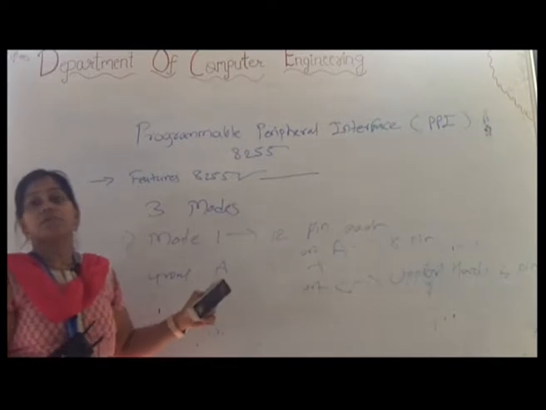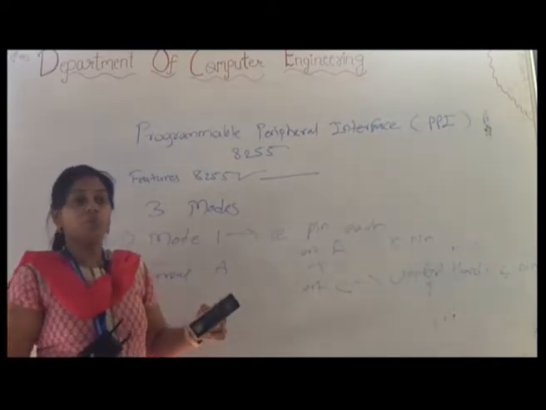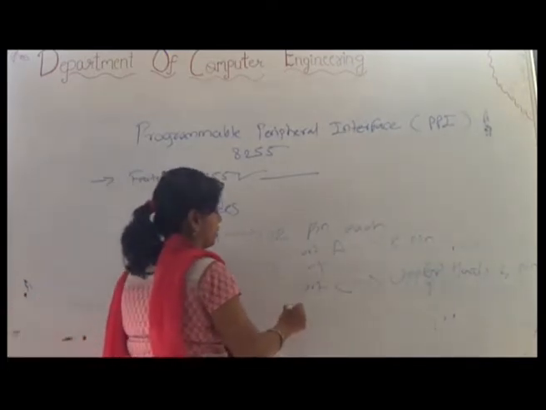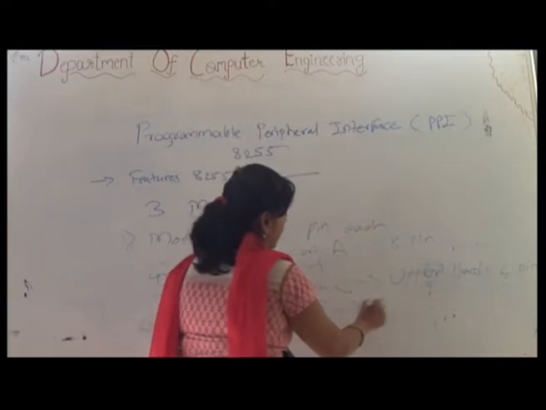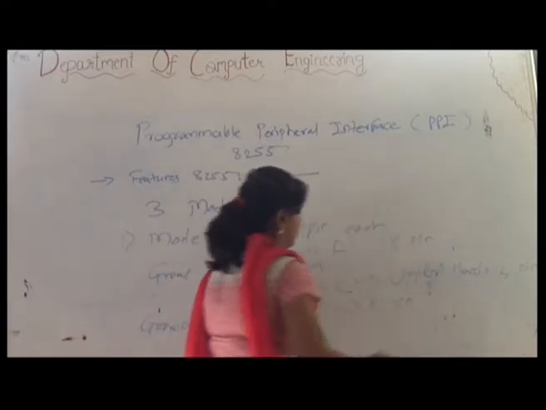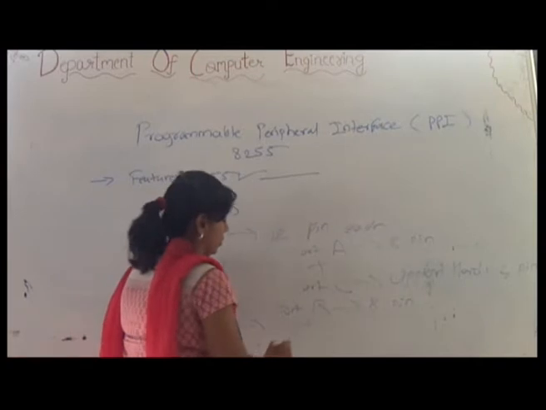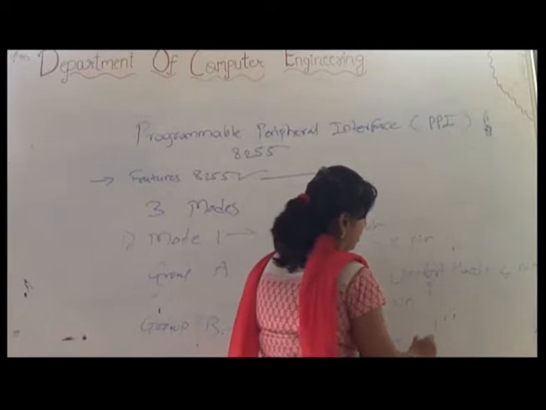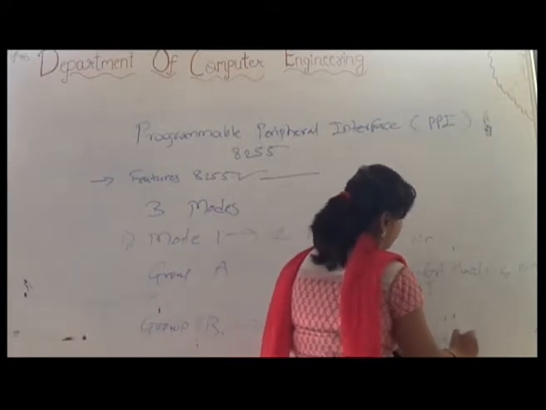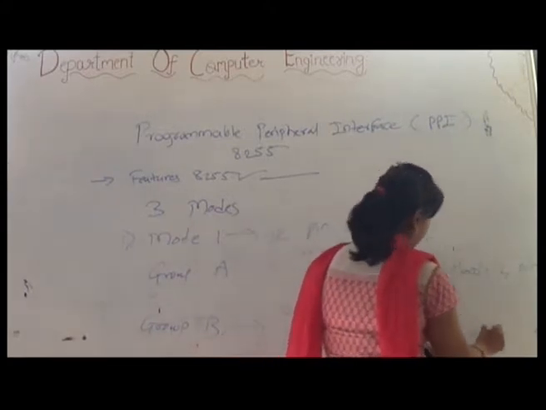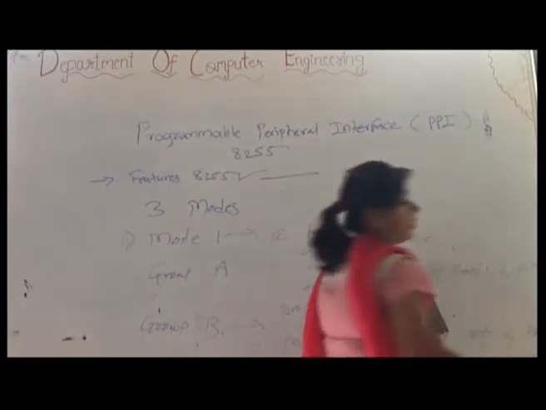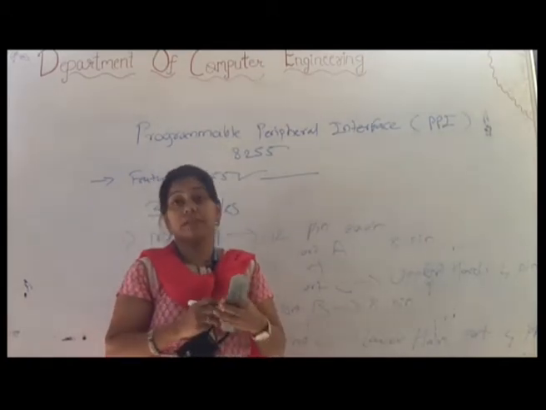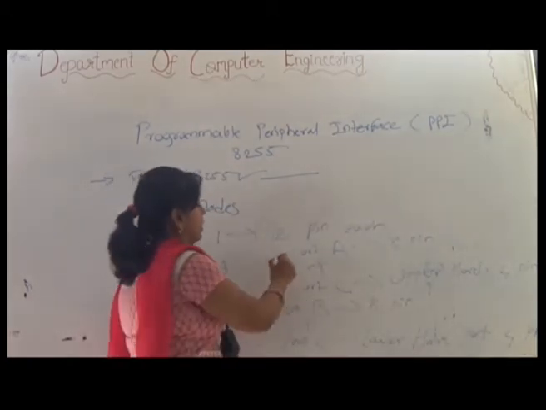In this way group A contains 12 pins. The next group is group B. Group B contains port B having 8 pins, basically an 8-bit port, plus the lower half of port C, which means 4 pins.